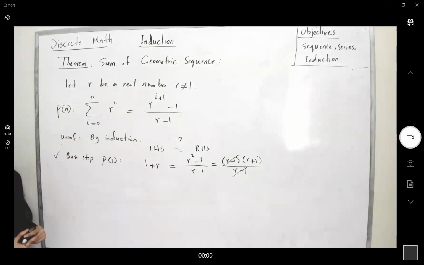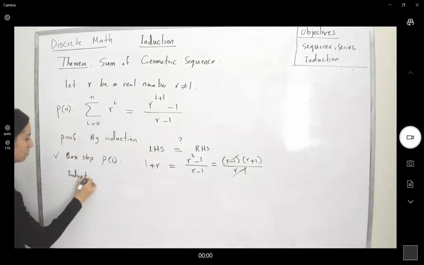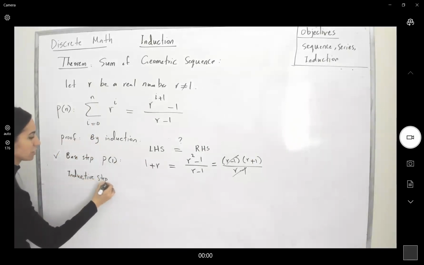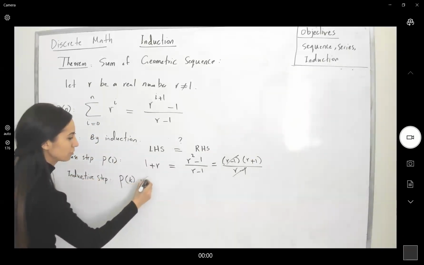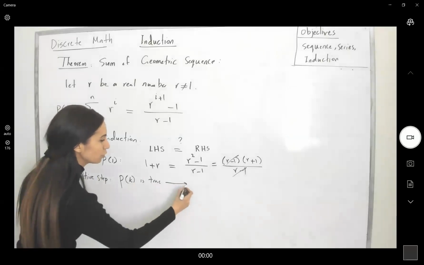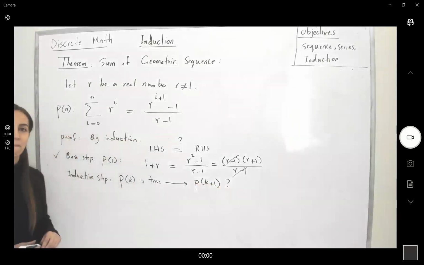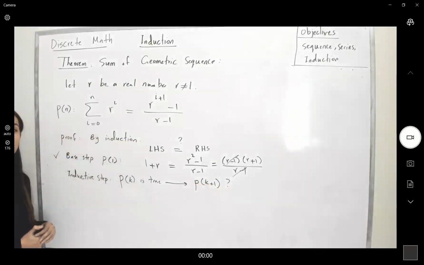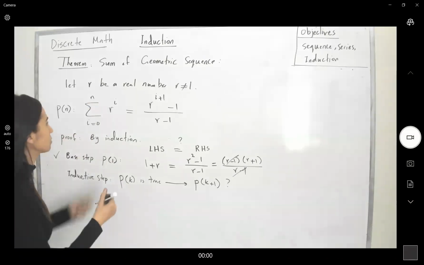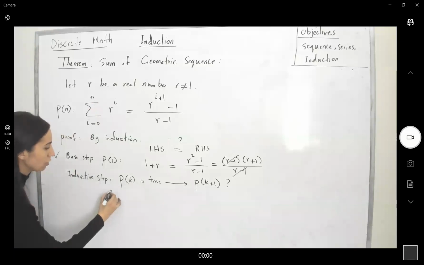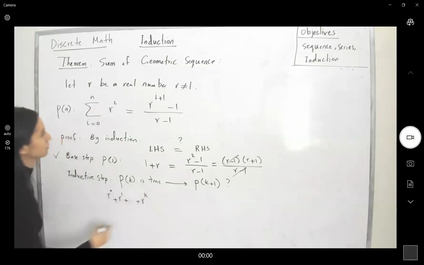Now let us move on to the inductive step. Inductive step says, suppose P(k) is true, we need to prove P(k+1). So what's the meaning of P(k)? It means that if I plug in k for n, I have this relation. I have r to 0 plus r to the first up to r to the k.